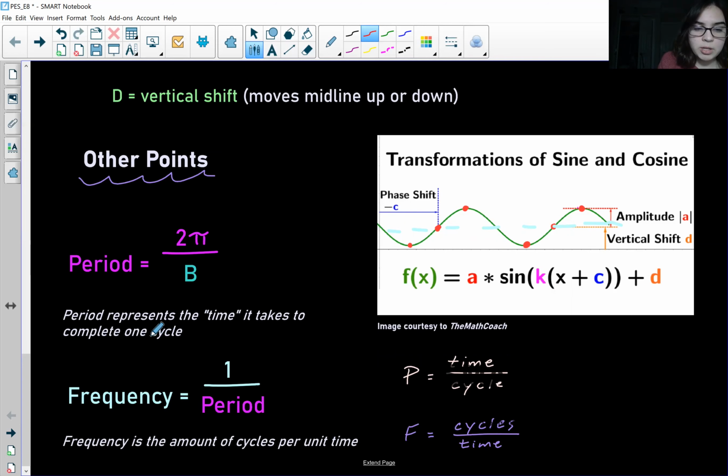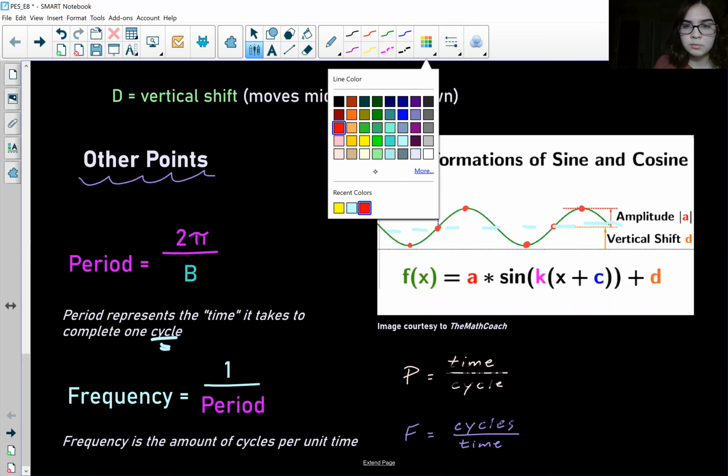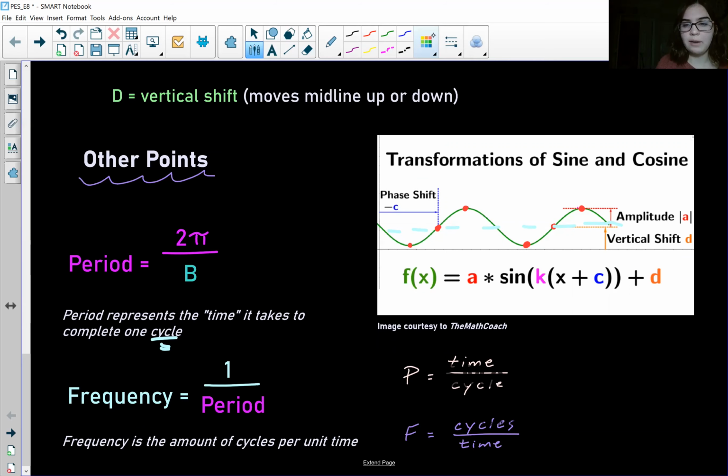And then it's important that we know what a cycle actually is. So I have the points drawn out on the graph here, but it's basically from peak to peak or trough to trough or middle to middle, or really just anywhere along the curve to the next equal spot, but typically we measure it at these 3 places.